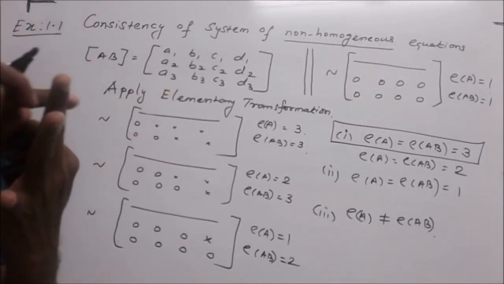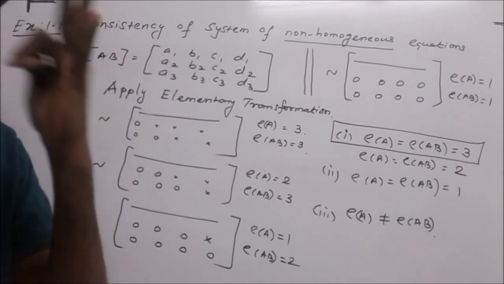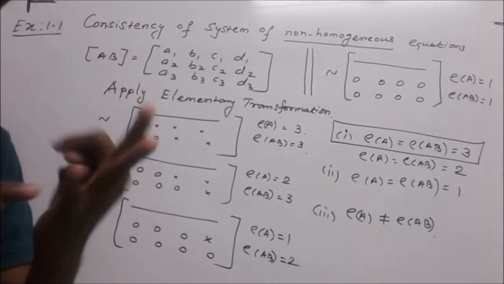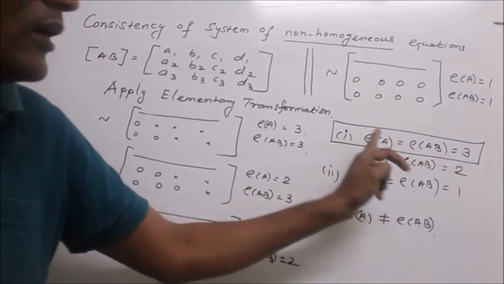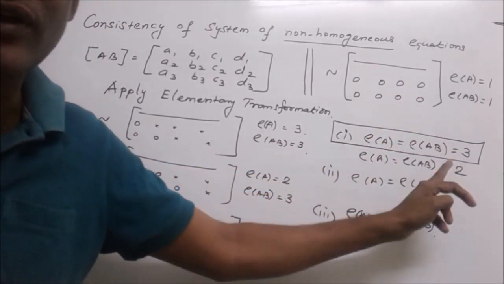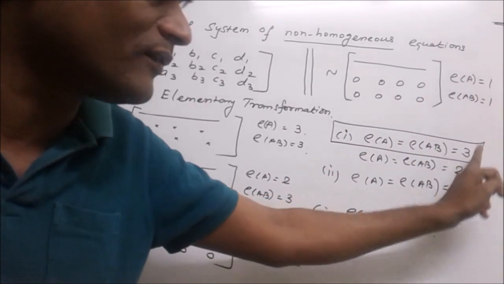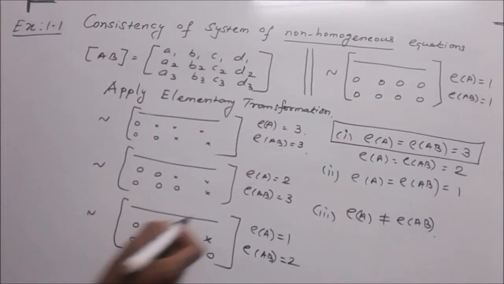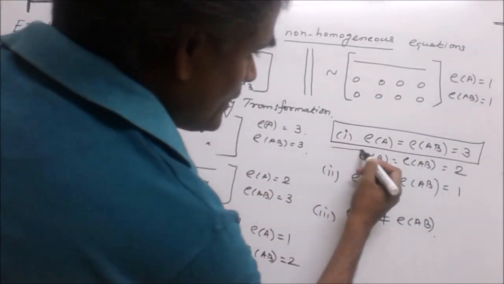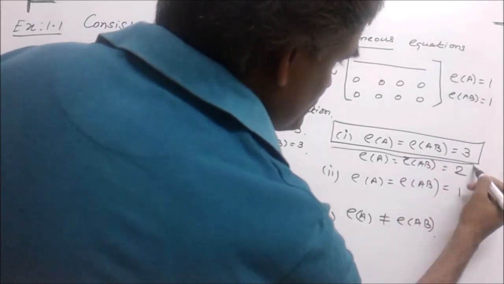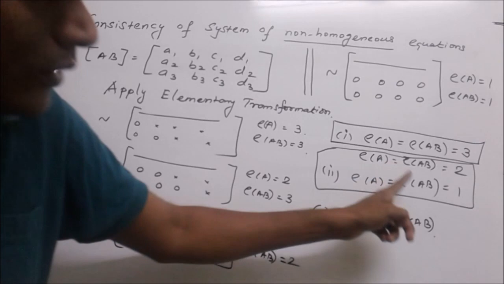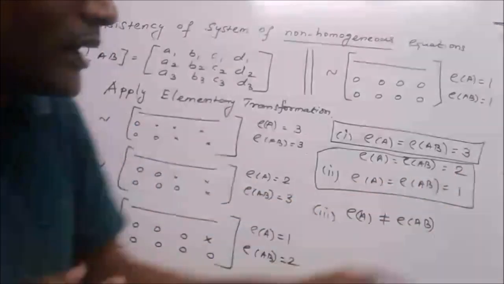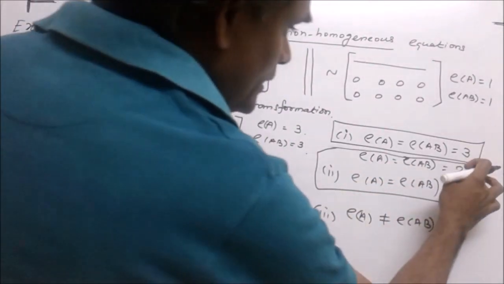So in a 3 by 3 system of equations, x, y, z are known as unknowns. Now the number of unknowns is 3. So rank of A equal to rank of AB, which will be equal to the number of unknowns, is the first case. These two represent the second case. What are they? Rank of A will be equal to rank of AB, but not equal to 3.